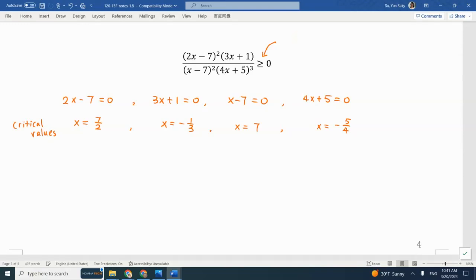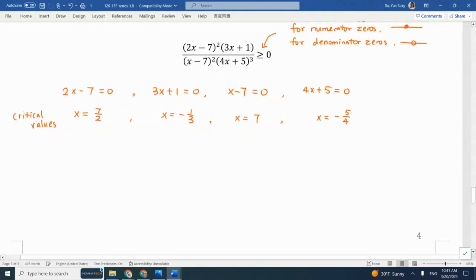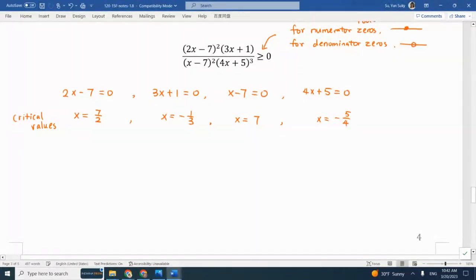For the numerator zeros, we put solid circle. And for the denominator zeros, or roots, if you don't like the name, you can call it roots, you put open circle.